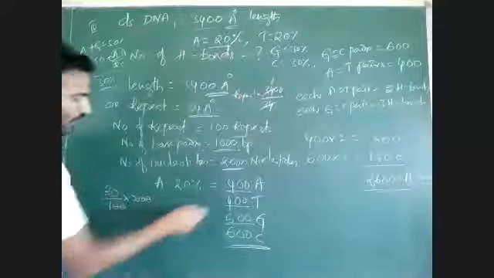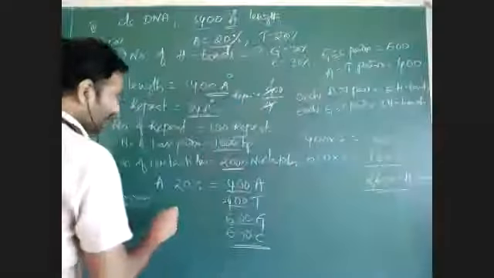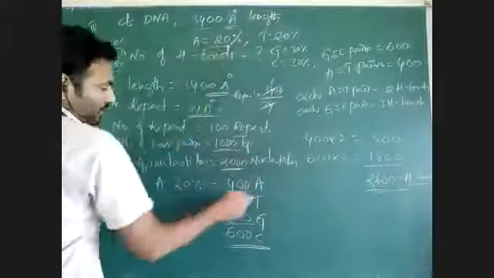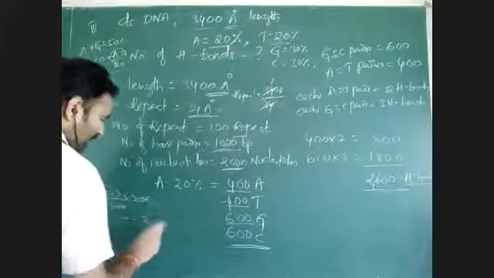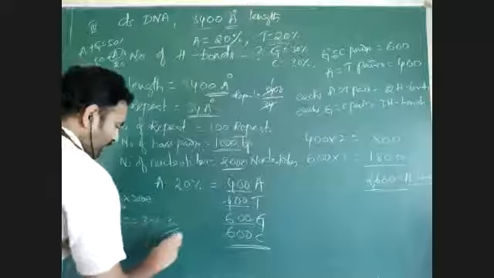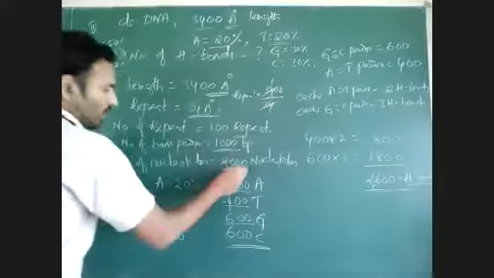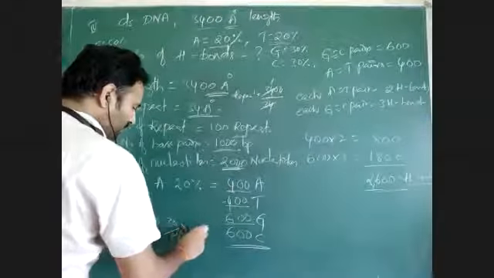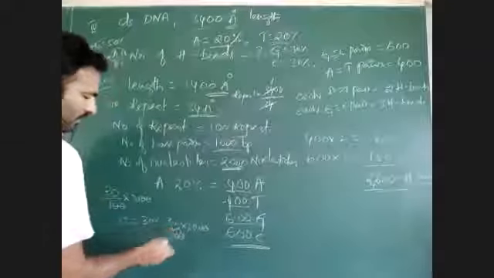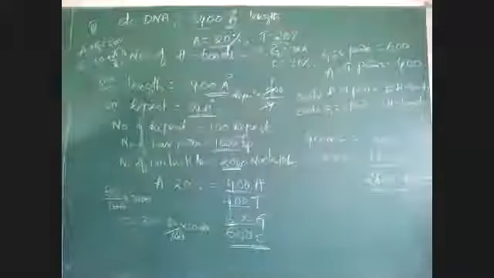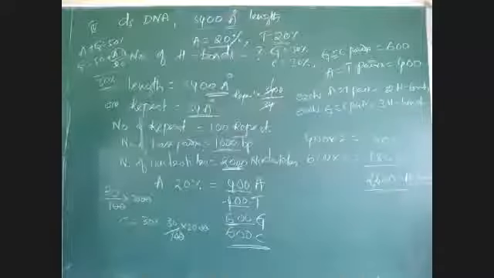T also is 20%, so the same will come. G is 30%, which means 30 by 100, total number of nucleotides is 2000, 30 into 20, 600 will come. Any doubts?